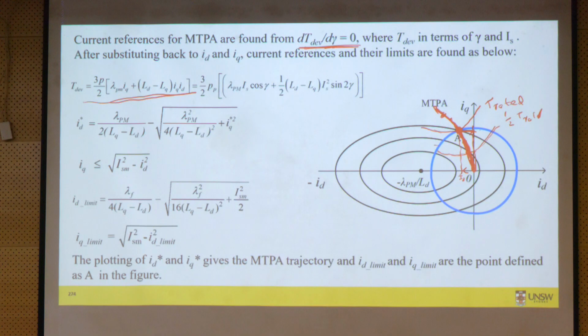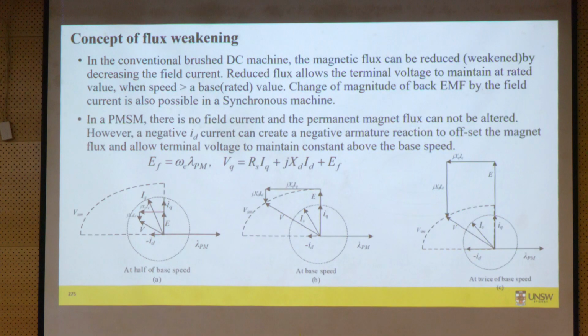So next one is, if we want to go to the flux weakening, what will we need to do, right? The concept of flux weakening we may understand from here. In your voltage equations, basically when speed increases, the major term that increases is your back EMF, EF.